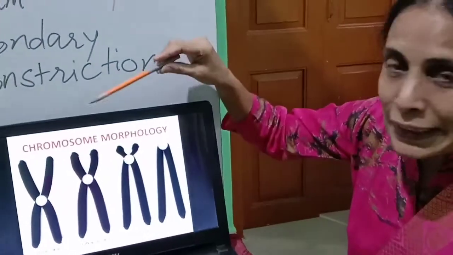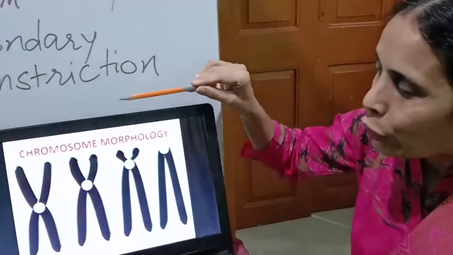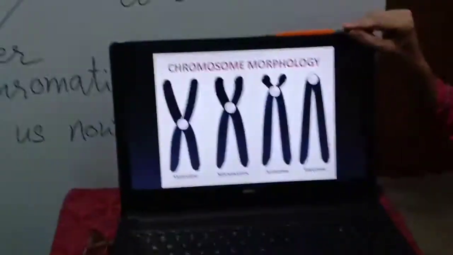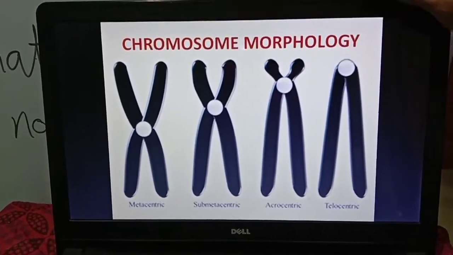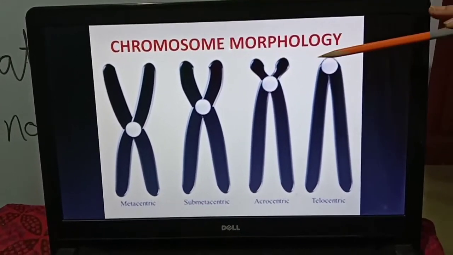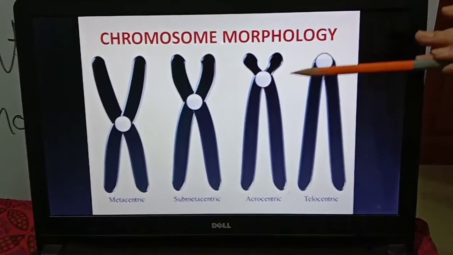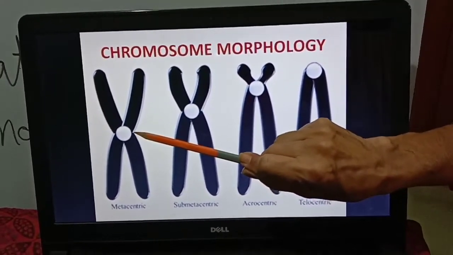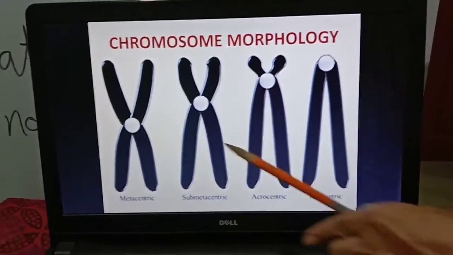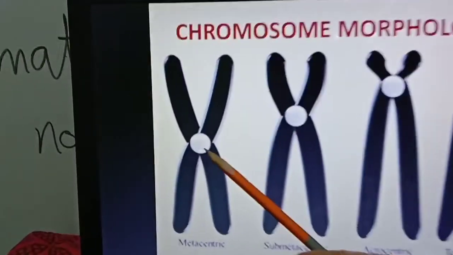Now we study the types. You can look at this picture taken from Google image. The different chromosomes depending upon the position of their centromere. The centromere here is shown in white.